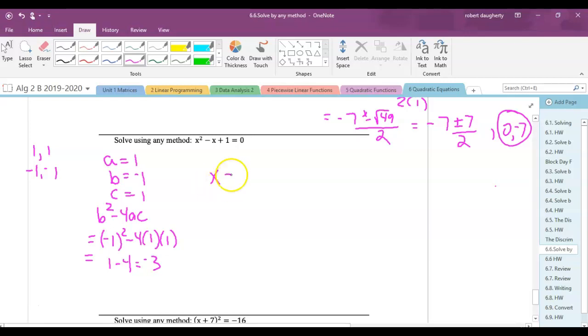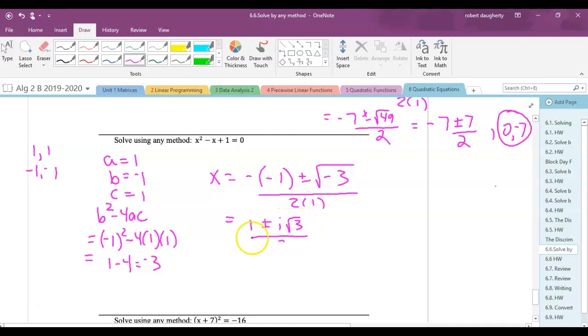So x equals negative b plus or minus the square root of b squared minus 4ac, all of that over 2a. So this is going to be 1 plus or minus i square root of 3 over 2. Okay. You could leave your answer like that, or you can write it as x equals 1/2 plus or minus i square root of 3 over 2. Either way.